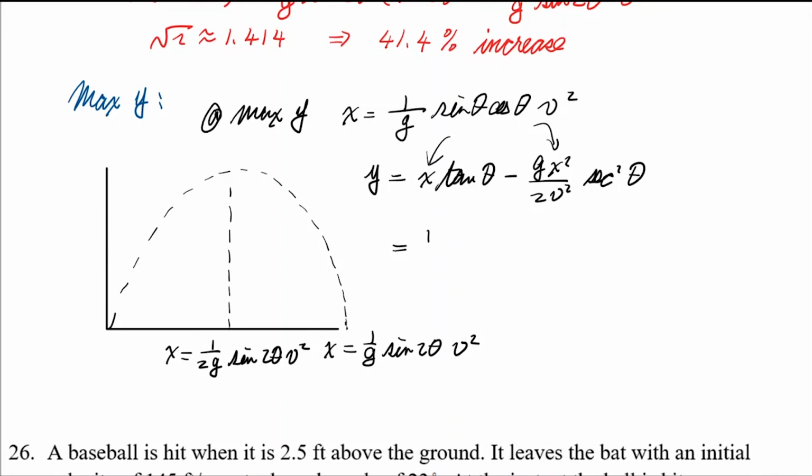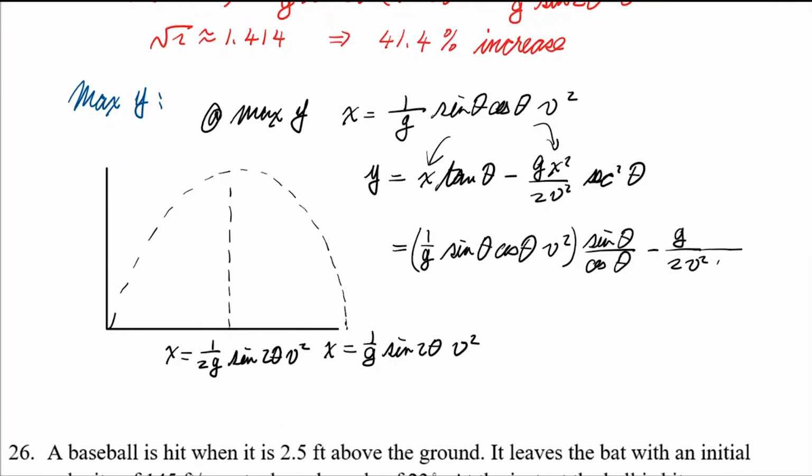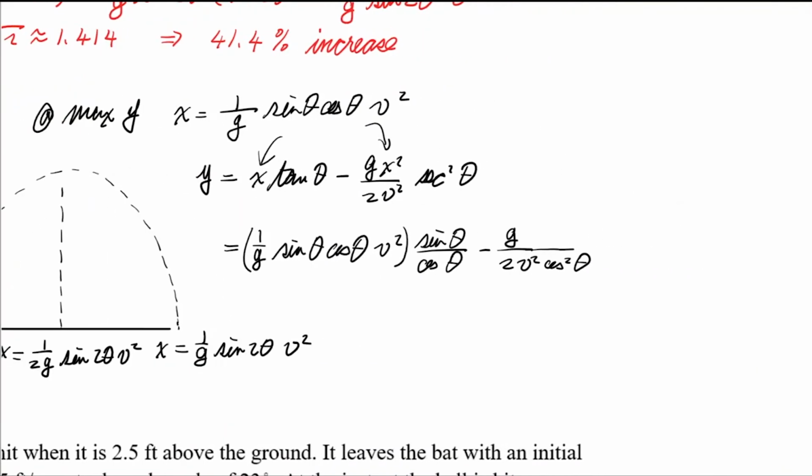So 1 over g sine theta cosine theta v squared, all of that times tangent theta, which is sine theta over cosine theta, is the first term, minus g over, I'm going to write this first, so 2v squared and cosine squared, that's what secant is, and then I'm going to multiply that squared.